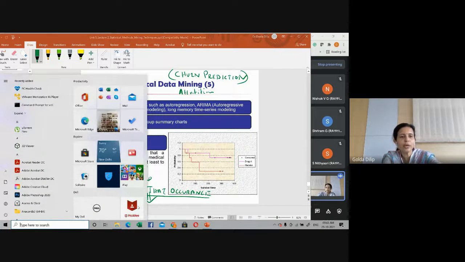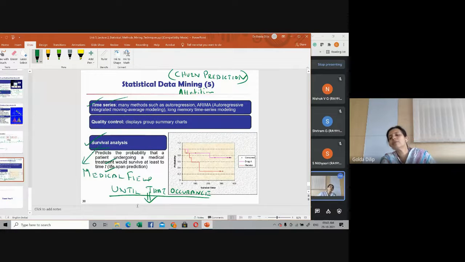So you can predict whether the employee, or even a customer associated with a company, say a telecom company, will switch, for example an Airtel customer switching over to Vodafone. Whether the customer will churn, or how long until they are expected to churn.